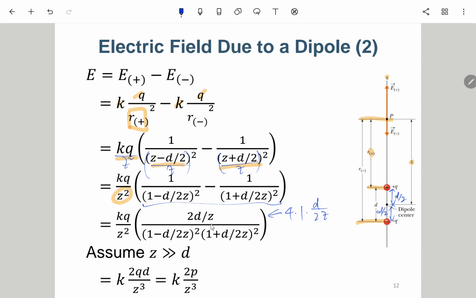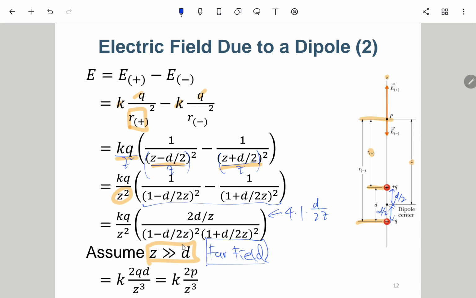Finally, we make use of the far field condition that we assume, because without it the expression will not look that elegant.